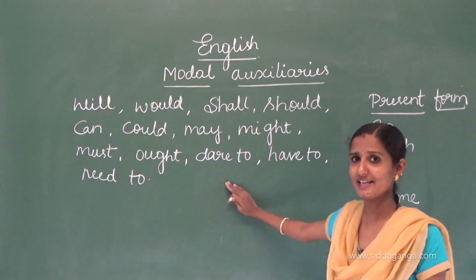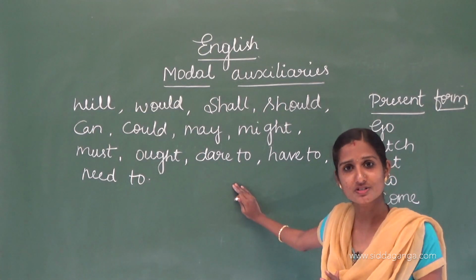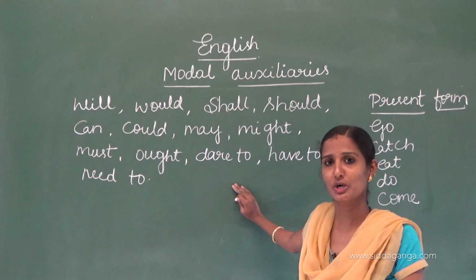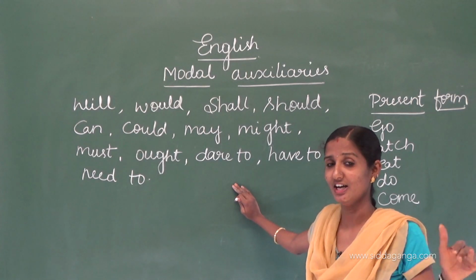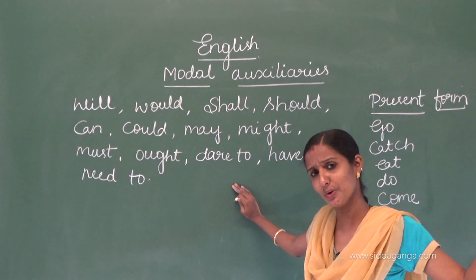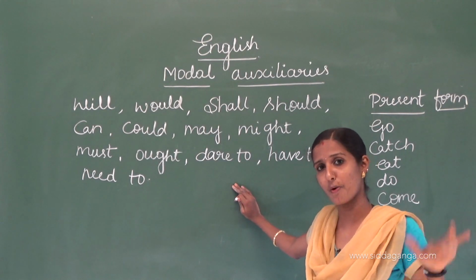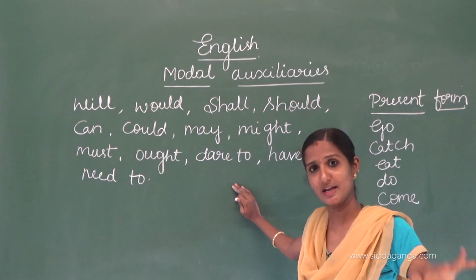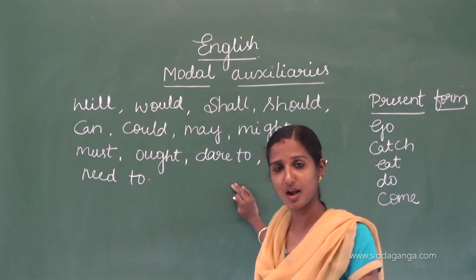What I was telling is, these modal auxiliaries are always helping verbs. They won't play the role of a main verb as the primary verbs do. Primary verbs play the role of both: they act as a helping verb and also as the main verb, and I have given you a lot of examples.